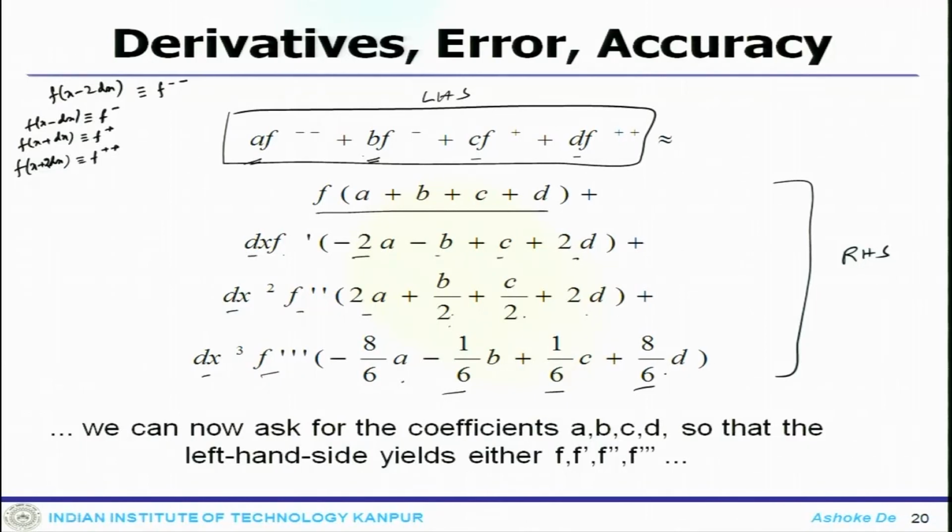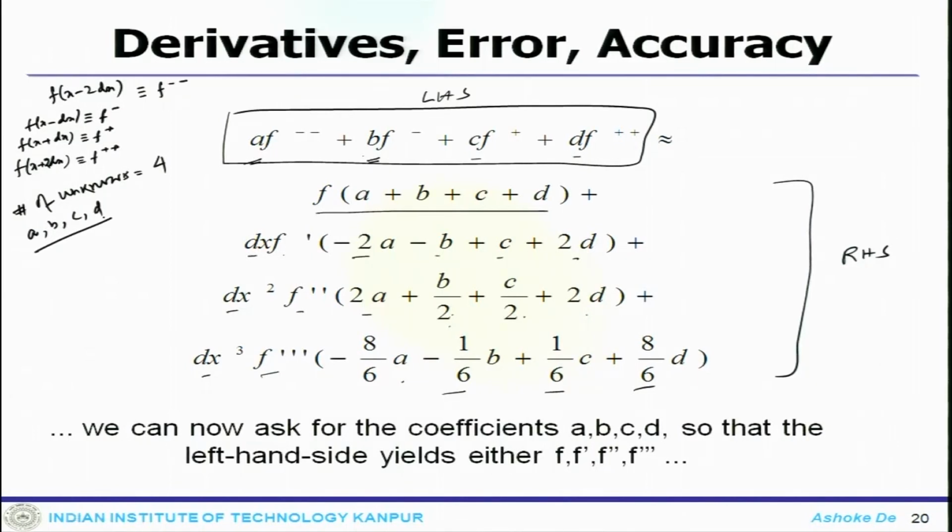Now you get a system with all of a, b, c, d. If you look at this particular system, you have a left hand side, a right hand side, and your number of unknowns. The number of unknowns here is 4: a, b, c, d.